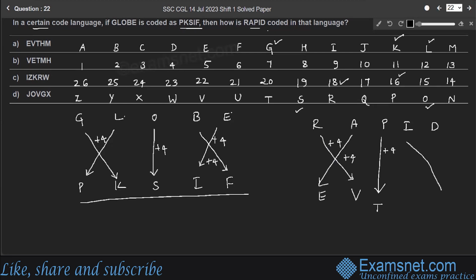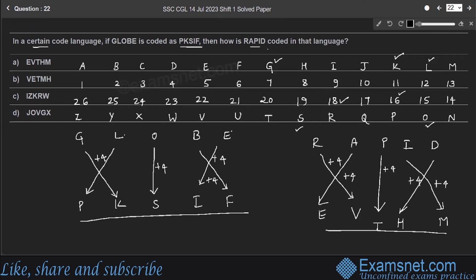Whereas I and D, I is 9, 9 plus 4 is 13, which is nothing but M. And D is 4 plus 4 is H. Therefore, rapid will be coded as EVTHM. So, option A is the right answer, EVTHM.